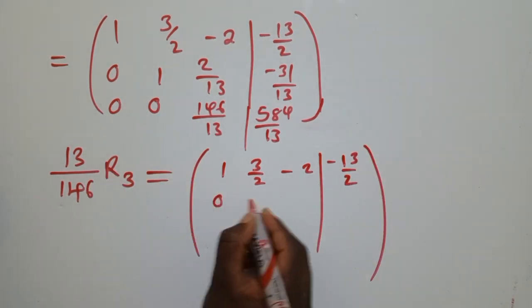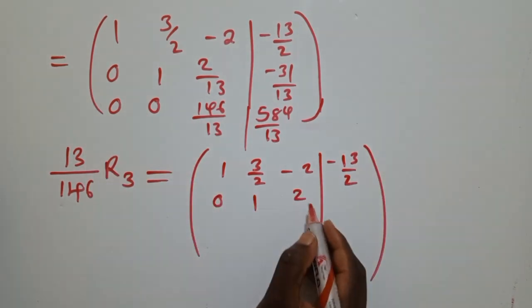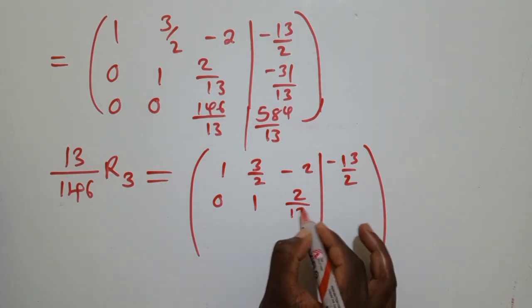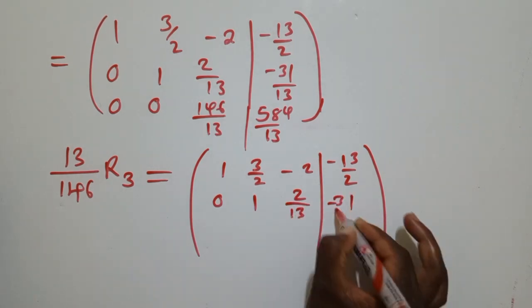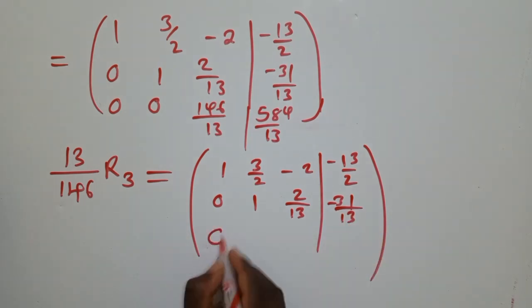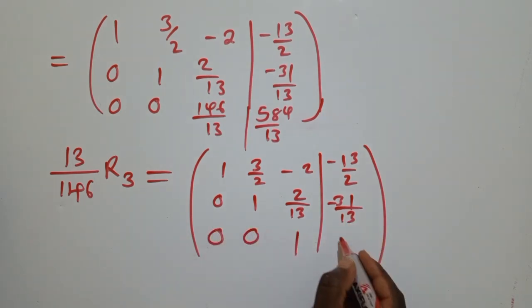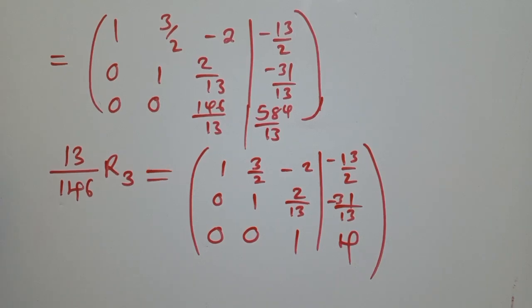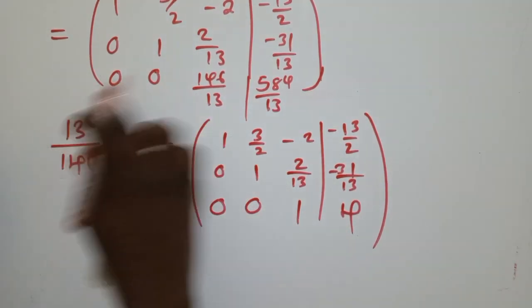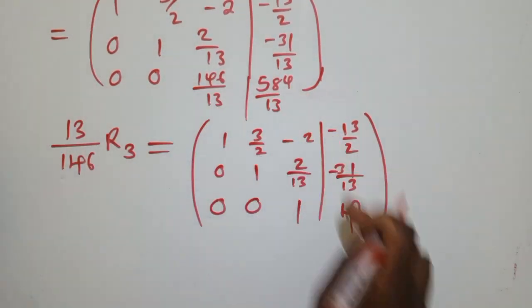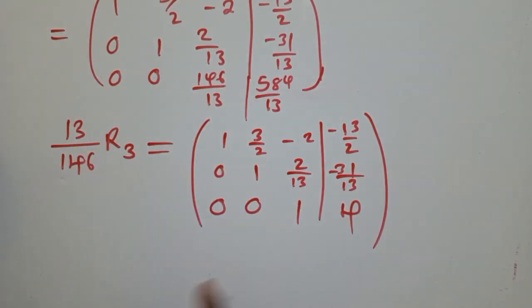Here it will be a 0, 1, 2 over 13, negative 31 over 13. We have a 0, 0, 1. Here it will give us a 4. You see the way it looks? When we multiply this by this, it will give us a 4. This by this, it will give us a 1.